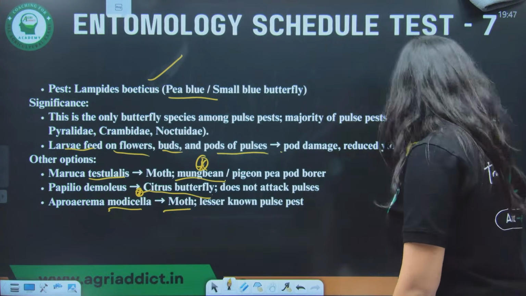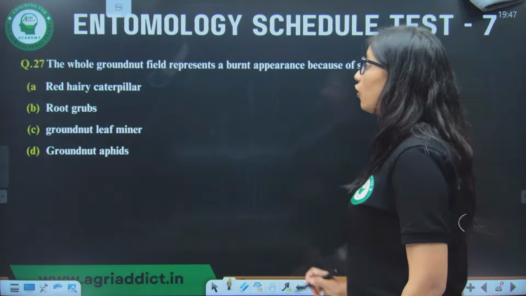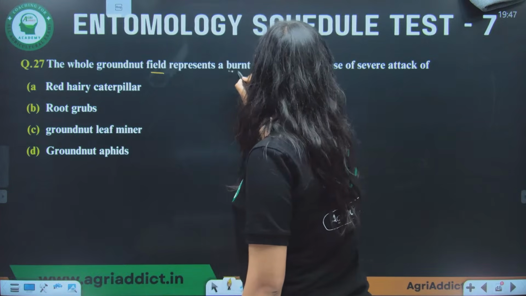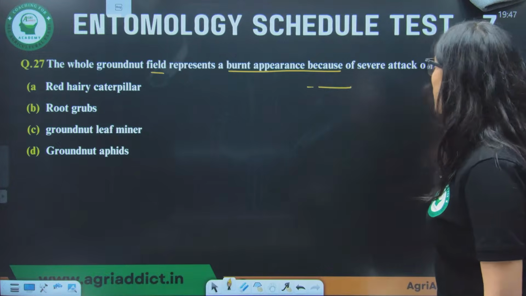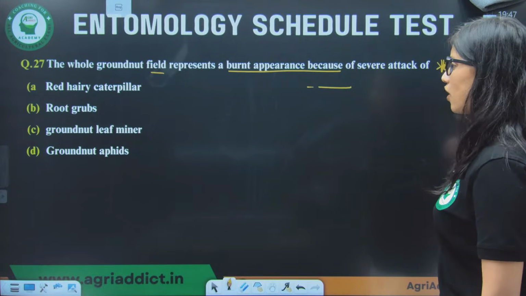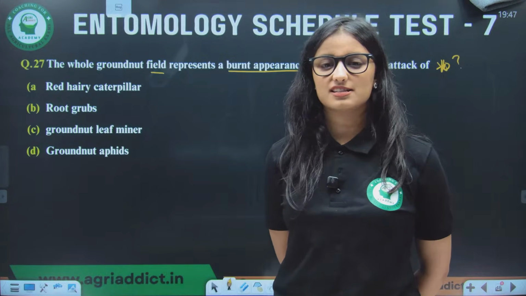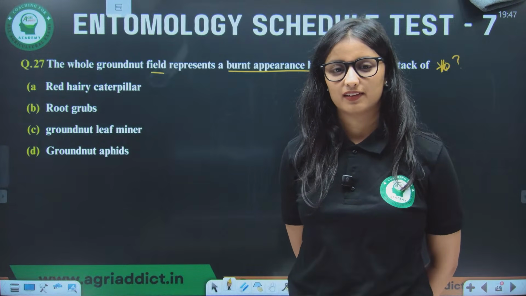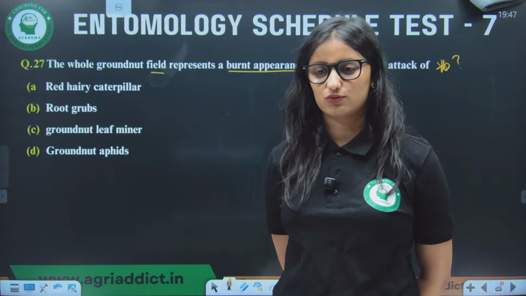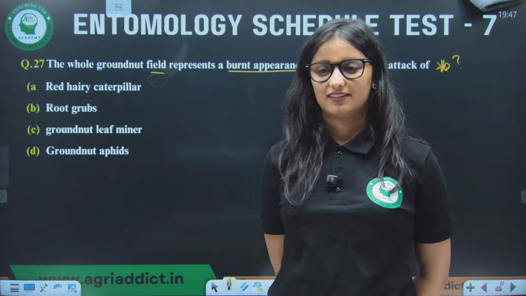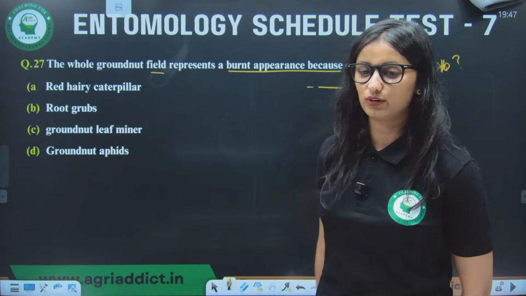Okay, so let's move to the next one. The whole groundnut field represents a burnt appearance because of severe attack of what? Again, this is a confusing question and you should know this one. Yes, very good, Arun Kumar.